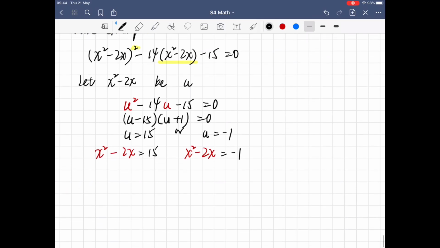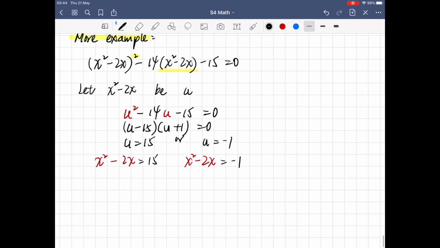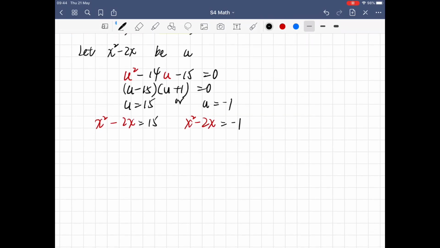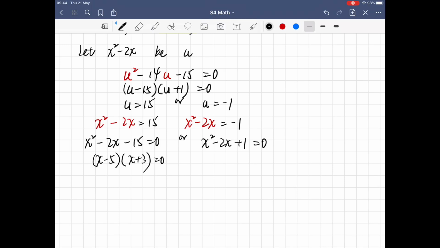Therefore it will form another quadratic equation again, and we have x squared minus 2x minus 15 equal to 0, or x squared minus 2x plus 1 equal to 0. For the left hand side we have (x minus 5)(x plus 3) equal to 0, and for the right hand side, we have (x minus 1) squared equal to 0.